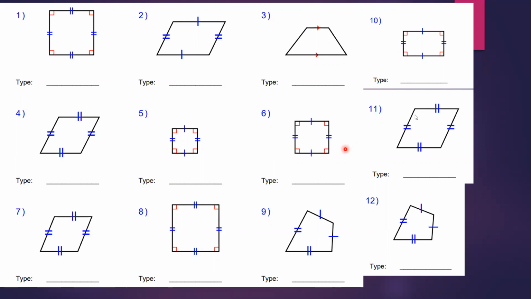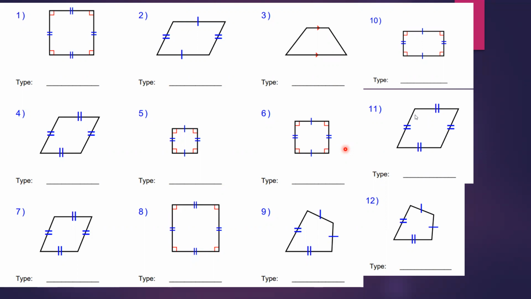Erin, what number are you on? Number 11. Okay. And Miss Erica, what number you on? I just finished going on. Okay, so you're on the road to do it. Okay.